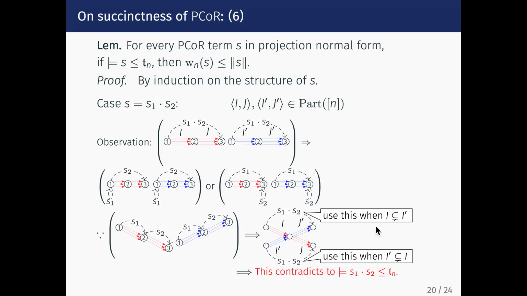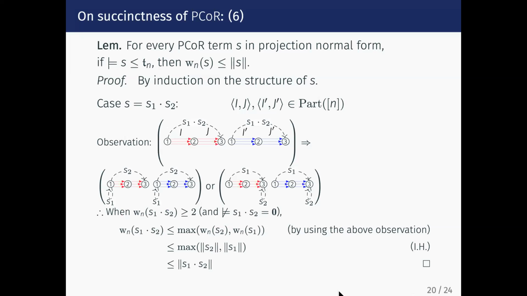So we can show the contradiction of this inequality by using one of them. Therefore, this case and this case only occur.